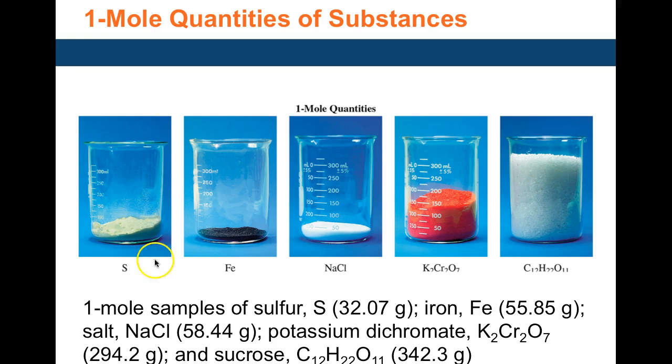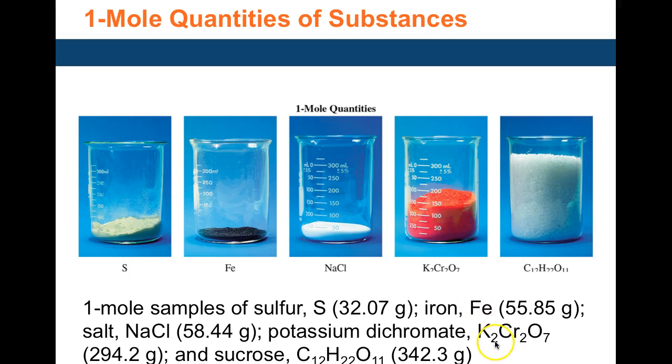So to get a visual of mole quantities, all right, this is 32 grams of sulfur, that's a mole. This is 56 grams of iron, that's a mole. 58 grams of NaCl, that's a mole of NaCl, and so on, okay? 294, all right? So you see the quantity is so high.